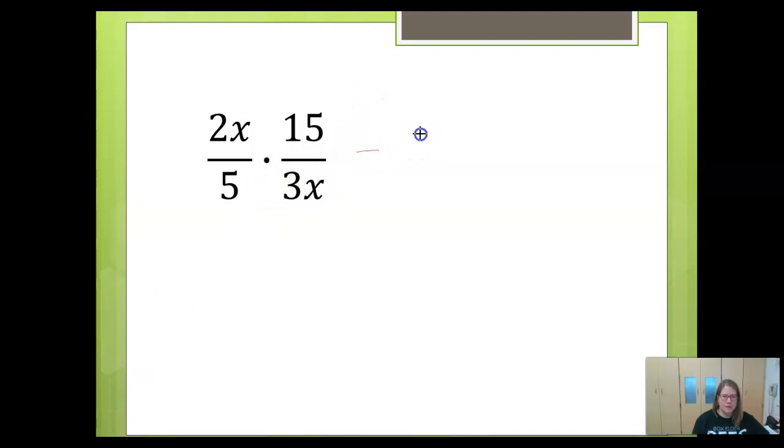We got that this equals 2, right? And then we were checking for extraneous solutions. So the 5 we decided doesn't matter because it doesn't have a variable. The 3x does have a variable of x. So I'm going to take 3x and I'm going to set it equal to 0. And then I need to solve that equation for x to find out what x cannot be.